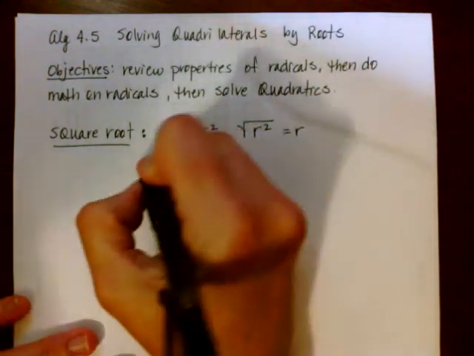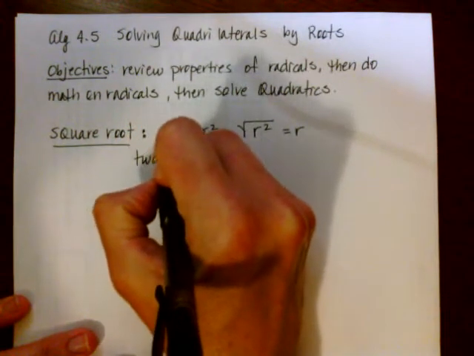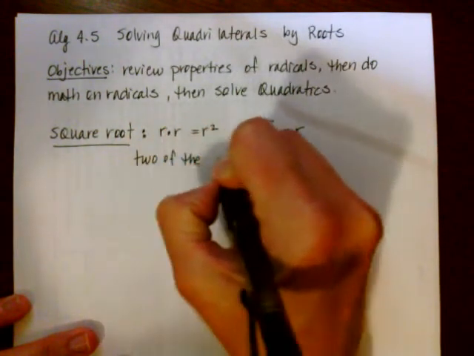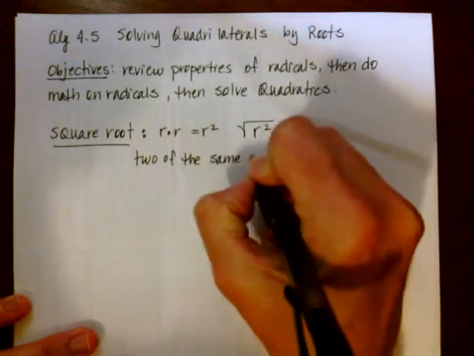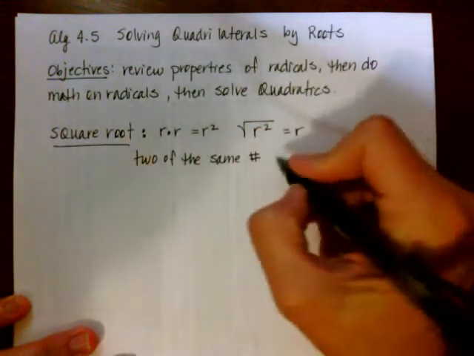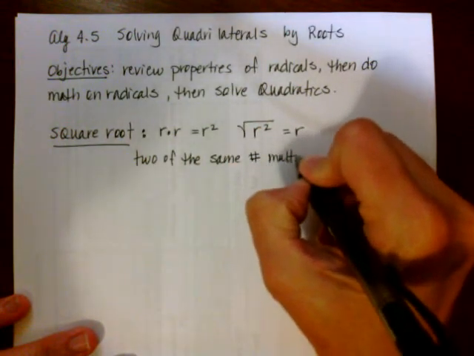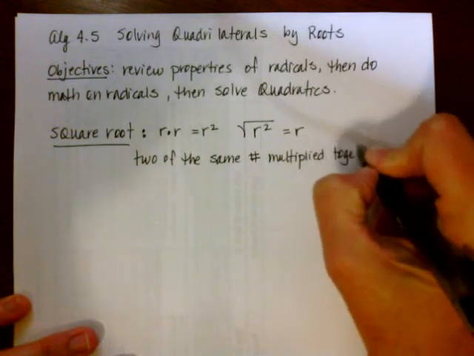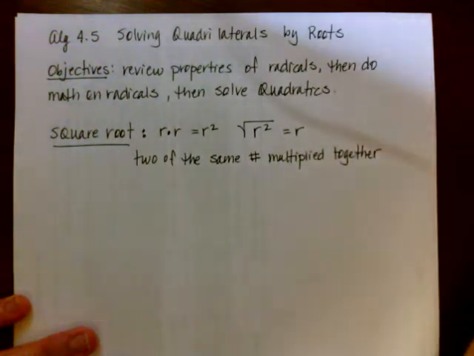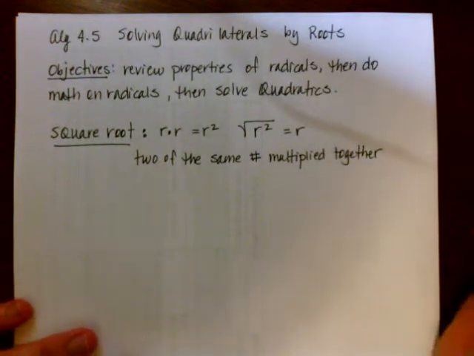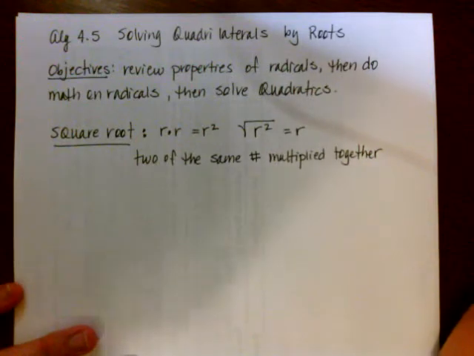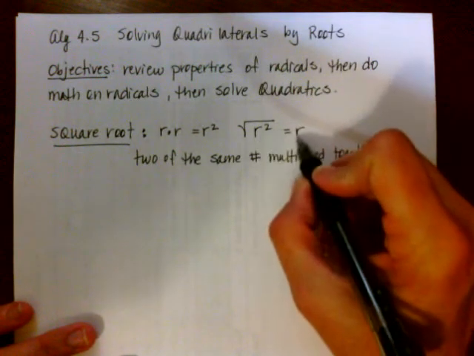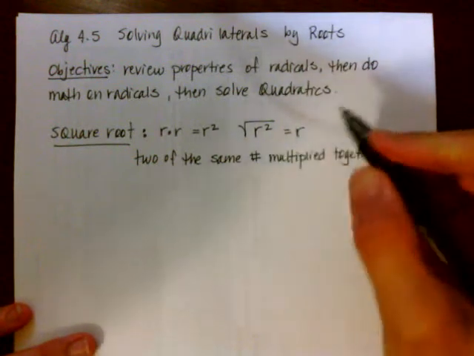So a square root is two of the same number multiplied together. So your job when you have to simplify a radical is to find what numbers reduce and come outside of the radical, because the square root of two numbers is an individual number.